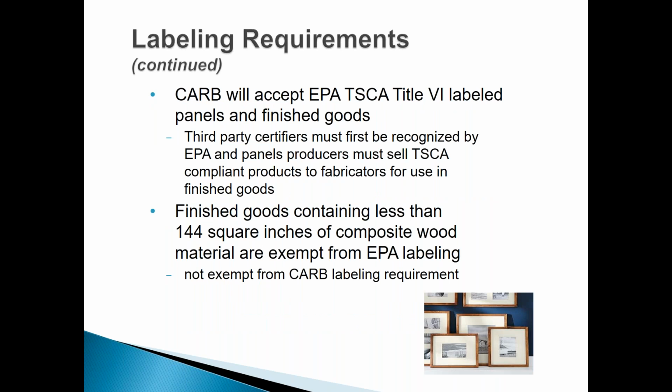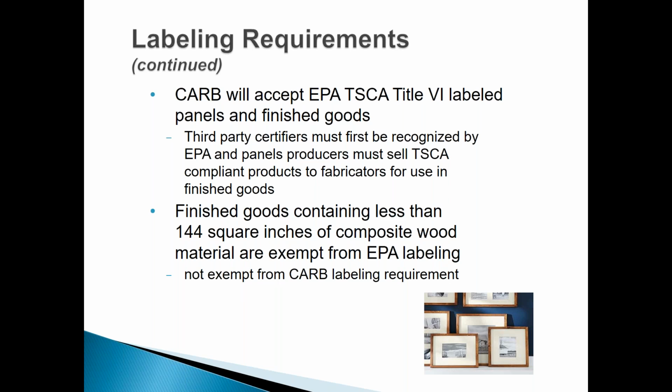We have said before, and I want to reiterate, we will accept products labeled as being compliant with the EPA TSCA regulation for both panels and finished goods. We suggest that for finished goods especially that are going to be sold in California, fabricators or retailers consider leaving the CARB label on the product and just adding the EPA label as an addition, because many retailers and consumers in California are very used to seeing that CARB Phase 2 label.